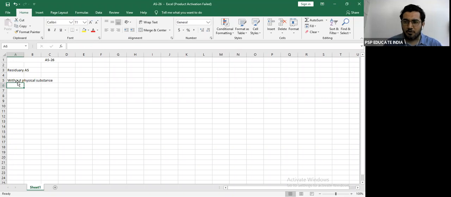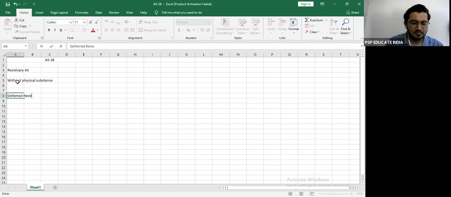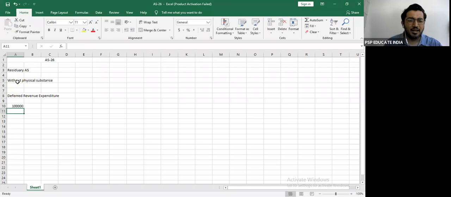Even when you were at your school level, they always taught you there is something known as deferred revenue expenditure. Because you had advertisement cost of 1 lakh which you used to amortize over 5 years, so it used to be 20,000 per annum.